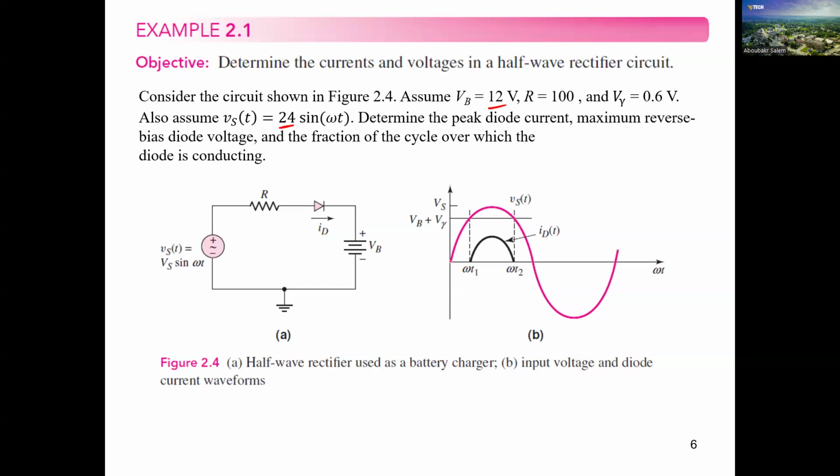So you have a cycle of 360 degrees. How long was the diode conducting during this 360 degrees? Is it conducting for 180 degrees, less, 90, whatever? So we need to determine how long the diode will be conducting in this circuit.